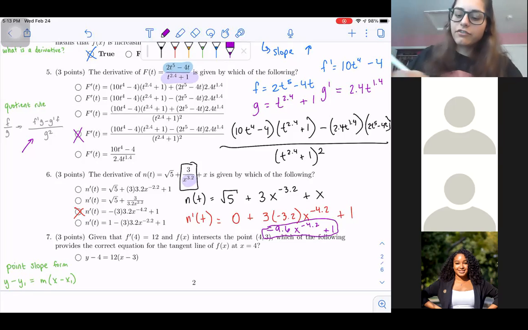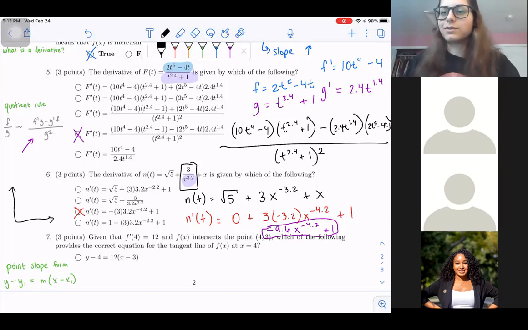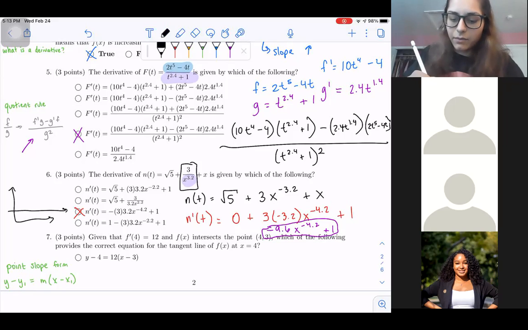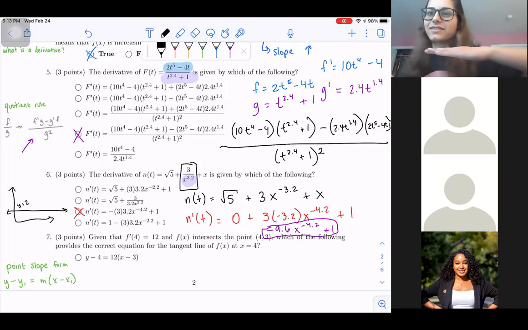Because if you were to graph just a plain number, like y equals 2, we would just have a line at y equals 2. And that line is flat, right? The slope is 0. It's neither increasing nor decreasing. That's why the derivative of any plain old number is always going to be 0.